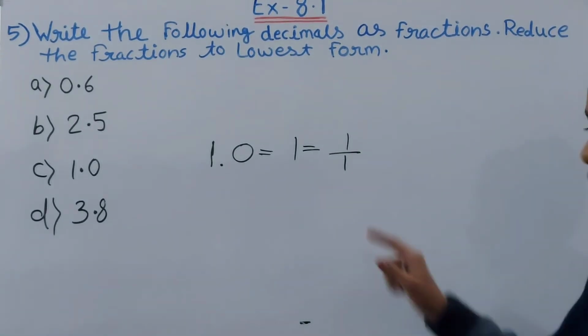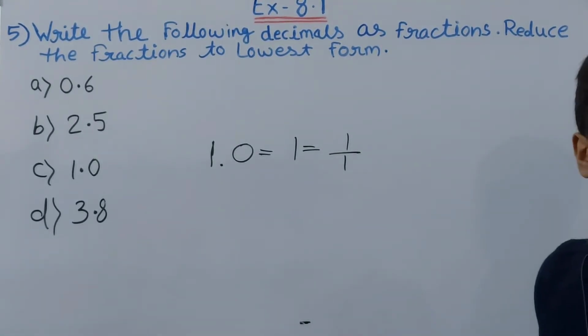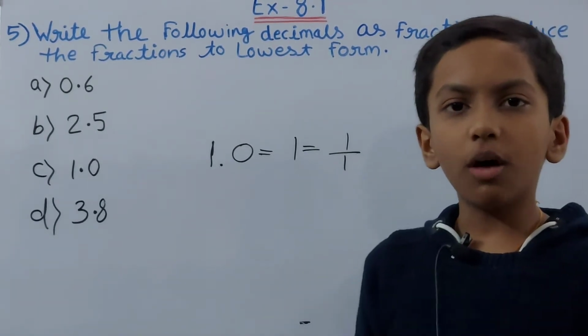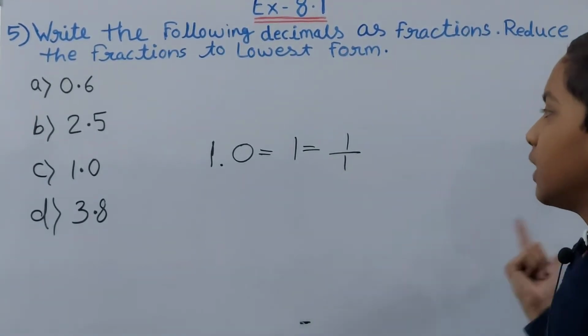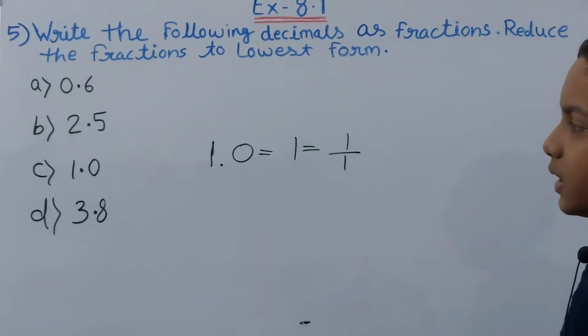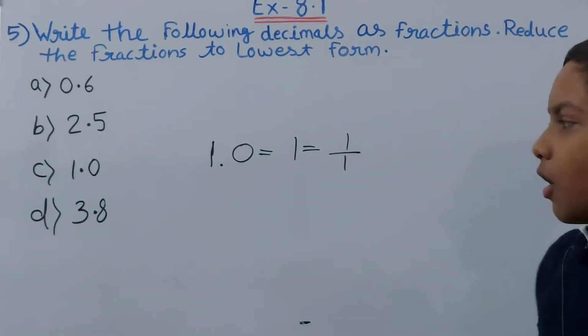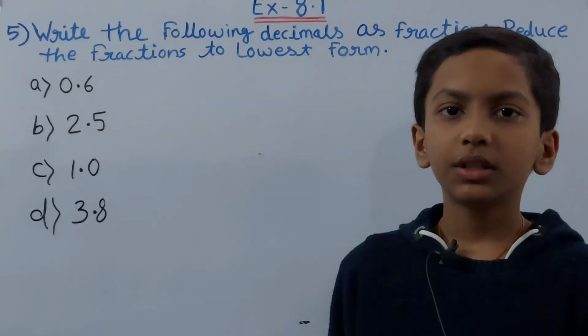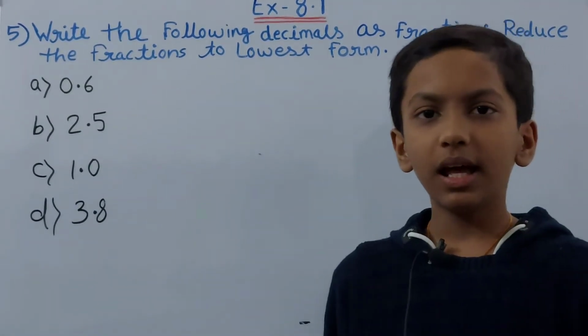There is no need to simplify this because there is no other common divisor here except 1. So 1 upon 1 is the simplest form of 1.0. Now let's move on to the next part.